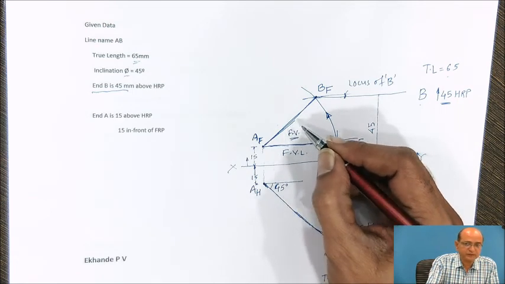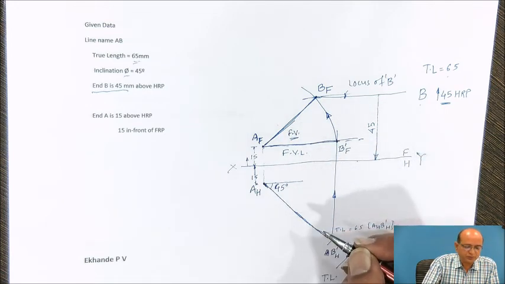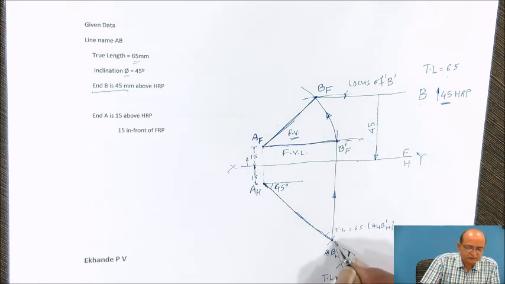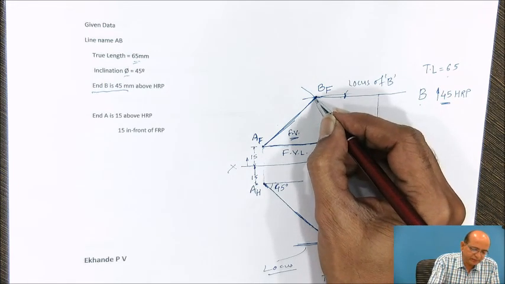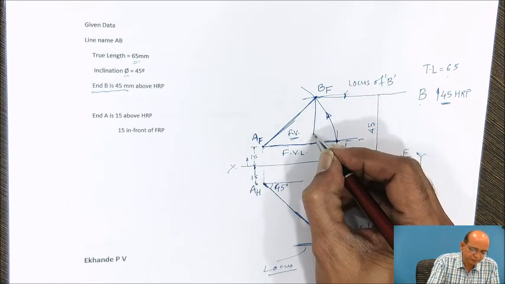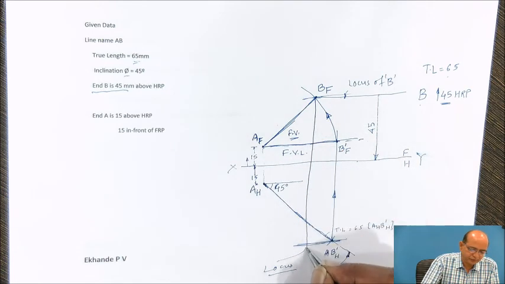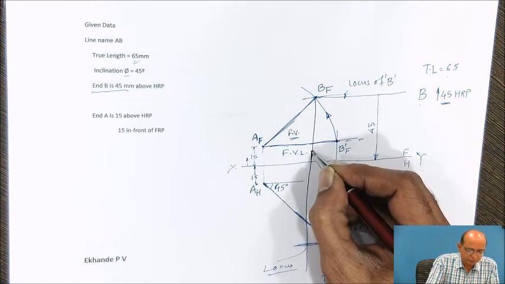Now to get the projection in the top view, what is to be done? We must draw the locus through this B dash H, which is given with the angle over there. On this we will have the intersection from this BF point.